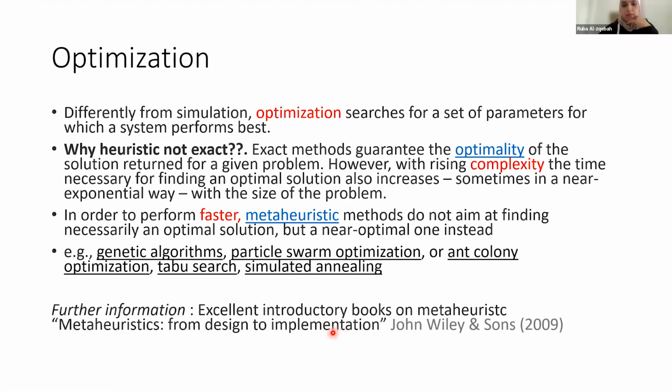But I focused on genetic algorithms with discrete event simulation, because it's the most popular in the literature and has proven its effectiveness when combined with simulation. It depends on the problem, so for each problem we choose a different optimization algorithm.